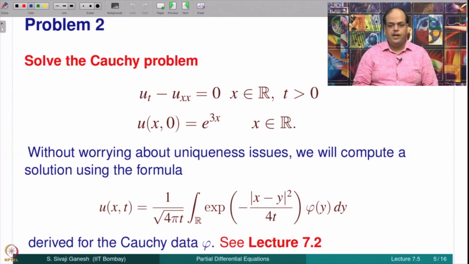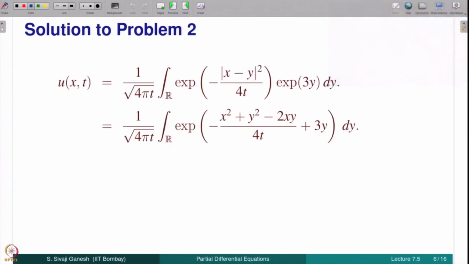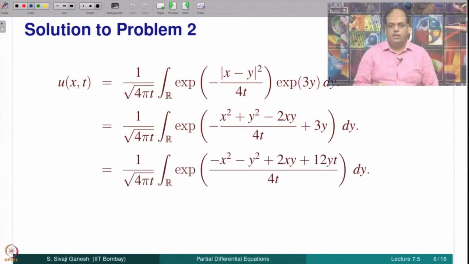So, this formula we have derived in lecture 7.2. Now this is exponential into exponential, therefore, it is exponential of this plus this. So, I have written down exactly that. So, this is same as this. I am only working in the power of this e to the power something.